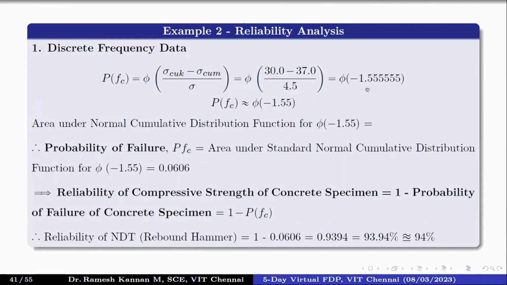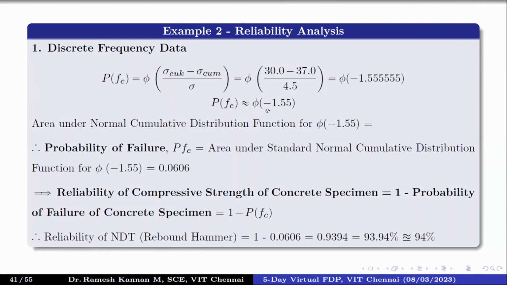And you stick to two significant figures, because in the normal distribution graph or tables, we'll only have to find 2 decimal places. And this is the probability of failure. We say that our probability of failure is approximately equal to the normal distribution function of minus 1.55. Here, the minus and plus have huge implications.